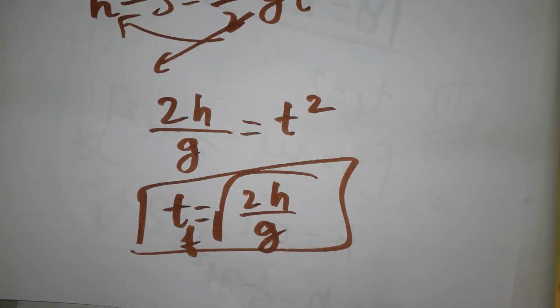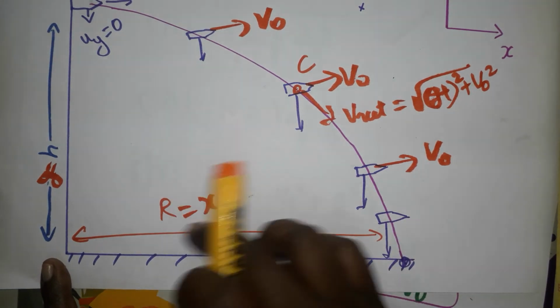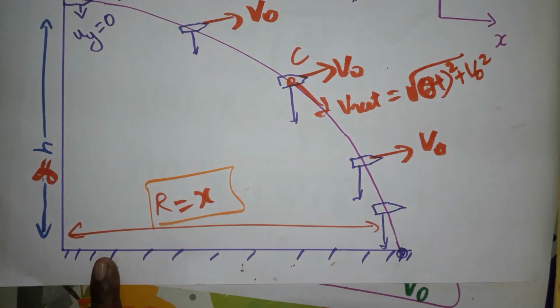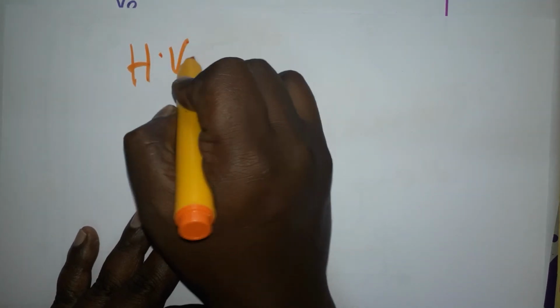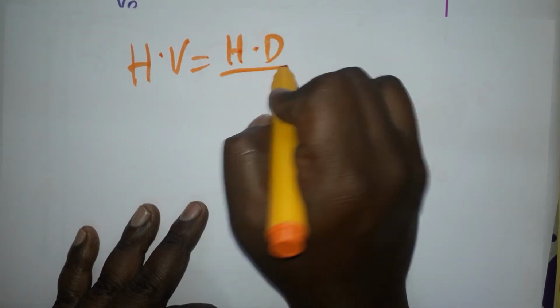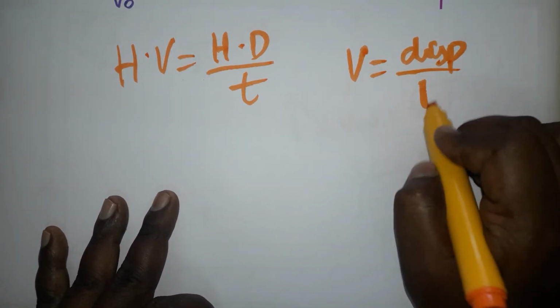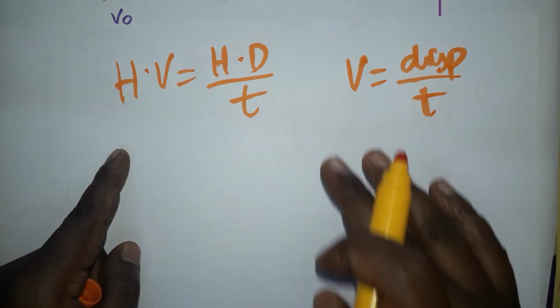Next is the range of projection. The x-axis displacement I am taking as R. The x-axis displacement is the range, the horizontal range. So horizontal velocity is equal to horizontal displacement by time period. It's very simple. Velocity is equal to displacement by time, no? Horizontal velocity is equal to horizontal displacement by time.